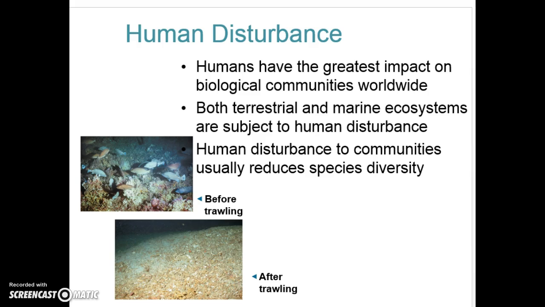The example that I have in this picture here is trawling. When ships trawl the ocean, you can see a healthy ecosystem or community there with the coral and the diversity of fish on the top. But that same area, once trawling has occurred, is completely wiped out.